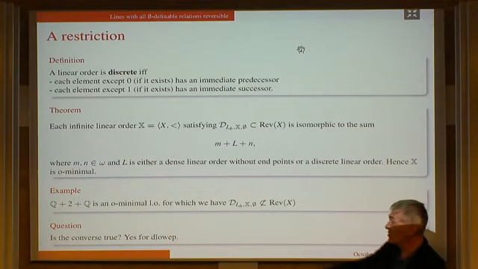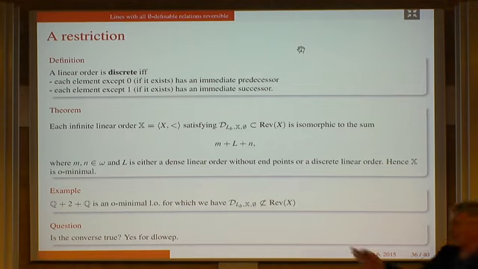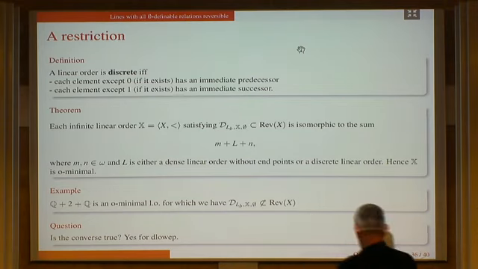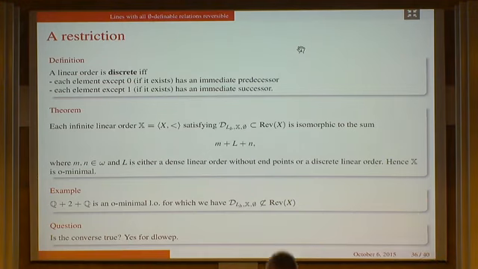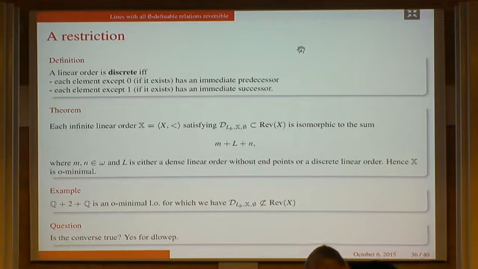But it is not true that all minimal linear orders have the property that all definable relations are reversible. It's a trivial example. We take Q plus 2 plus Q. There is A, there is B. So A is definable as the minimal element which has a successor, and B is its successor.